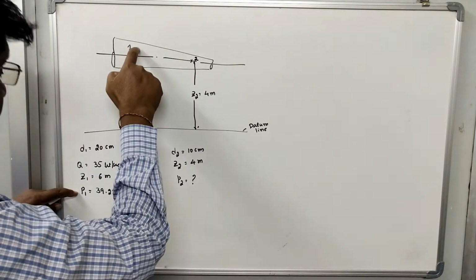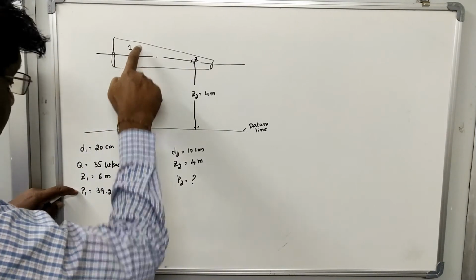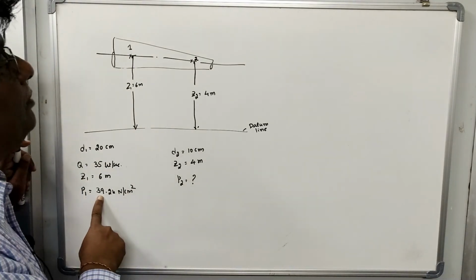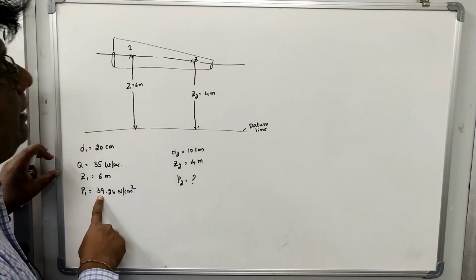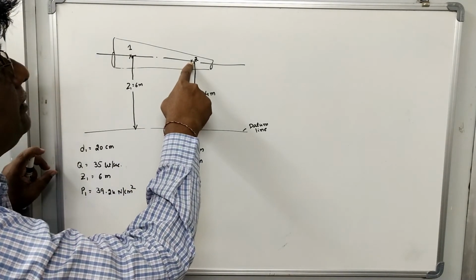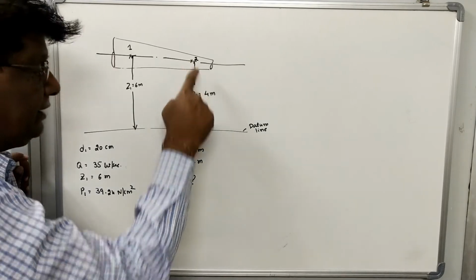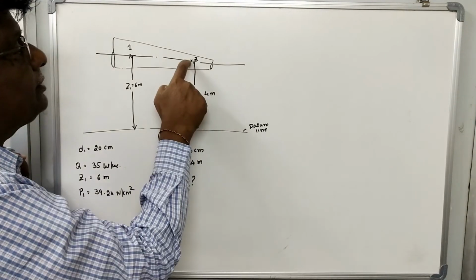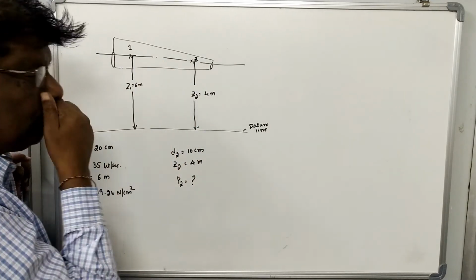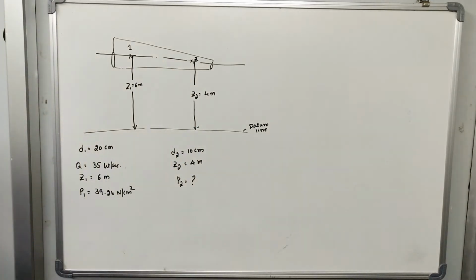The pressure intensity at point 1 is also given, 39.24 Newton per centimeter square. At point 2, the diameter of pipe is 10 centimeter and this point is 4 meter above the datum. The question is, you have to find the pressure intensity at point 2.